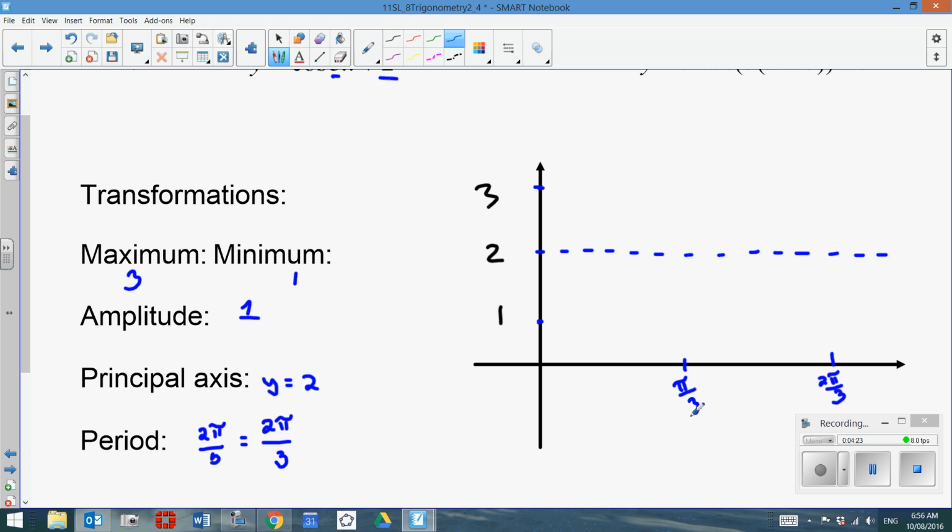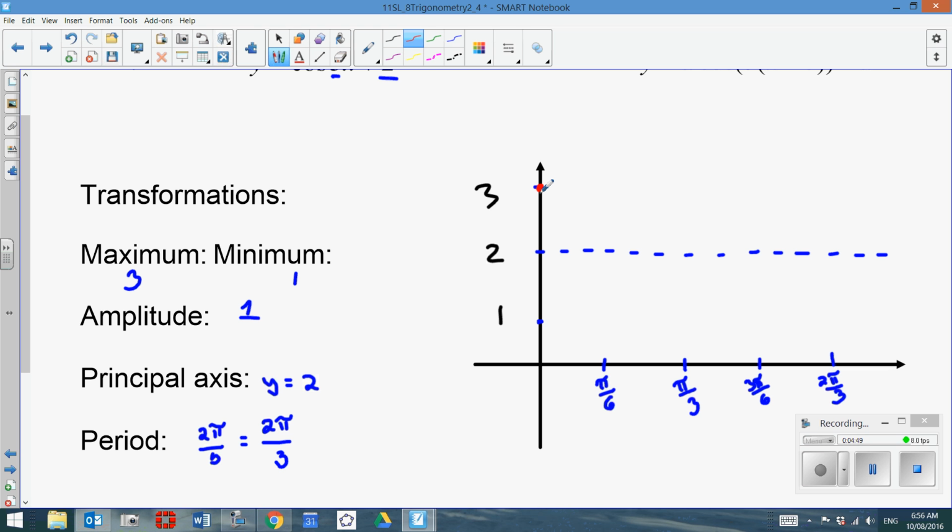And if I want smaller increments, I could look at pi over 6. So pi over 6, 2 pi over 6 would be pi over 3, 3 pi over 6, and then 4 pi over 6 would be the same as 2 pi over 3. So now I have these middle increments so that I can draw my graph in detail.